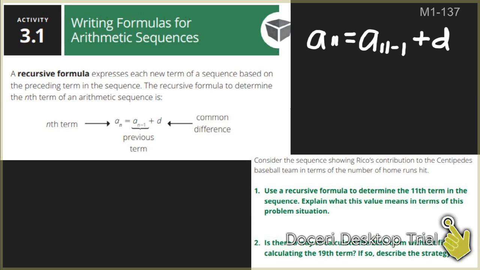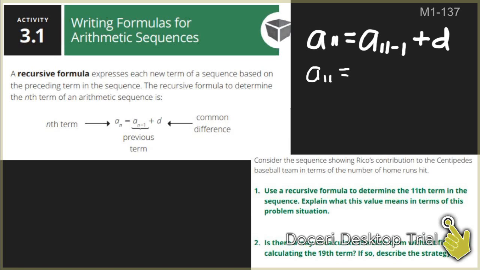Okay? Now what we're going to do is go through and put in the actual numbers for each part of the formula. So the A11 stays the same. We're still looking for the 11th term.